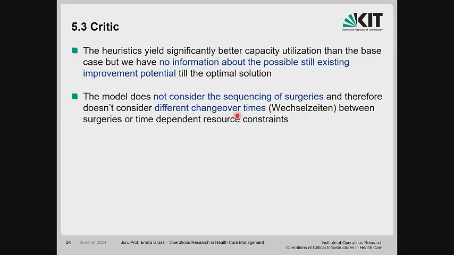This is pretty similar here. If you change the surgeries, you need to adjust the equipment, you might have to use and adjust the bed, the electric devices, and so on. That could take some time, and this is not accounted for here.